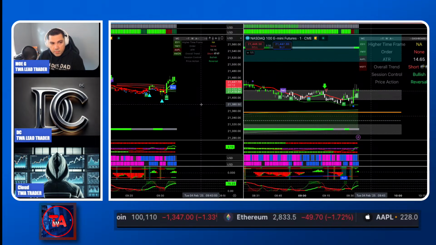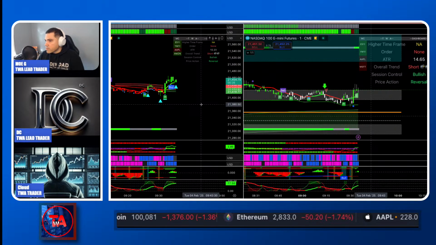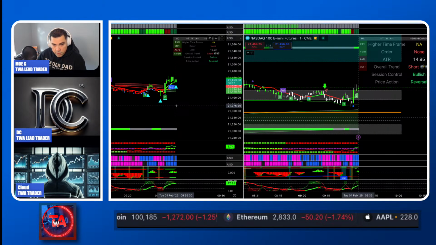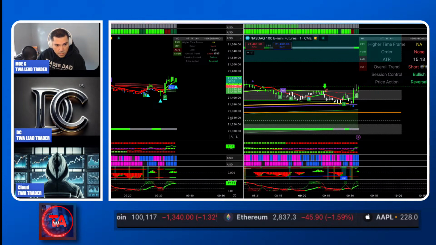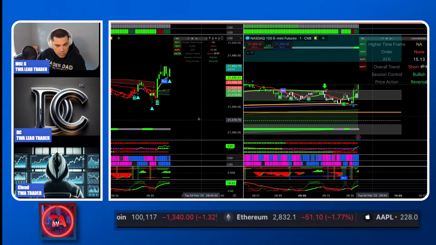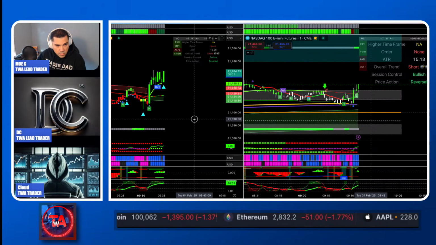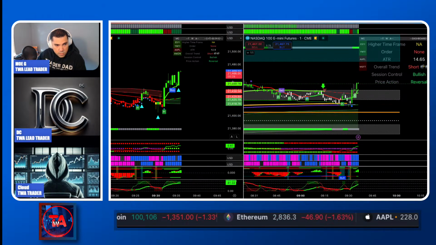Another trade with 0 drawdown. I'm going to like it more if we can get over this weekly level up here.